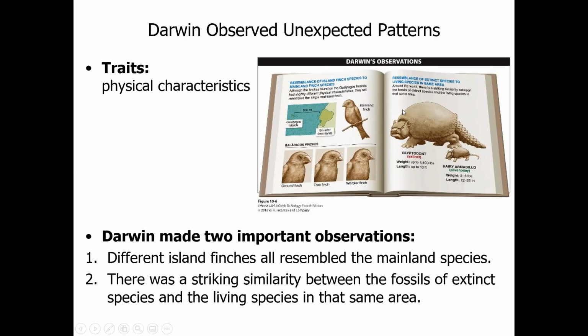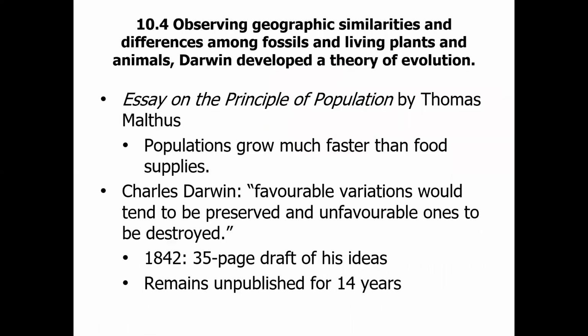There are these guys right here that I'm circling. And in Argentina, he was able to show that the armadillos that we have nowadays may have come from the glyptodonts. So he made connections on the Galapagos Islands with the finches, and then he made connections with the fossil record through various parts of the journey he went on.